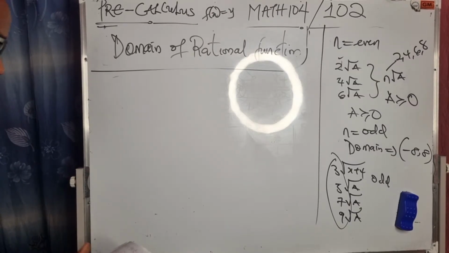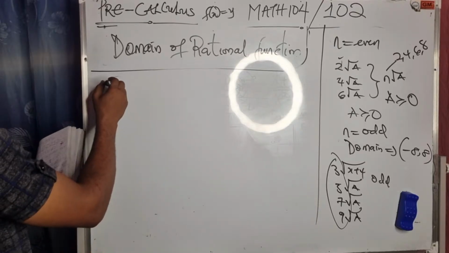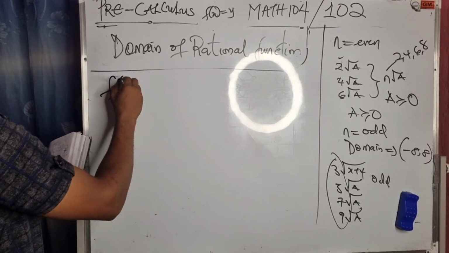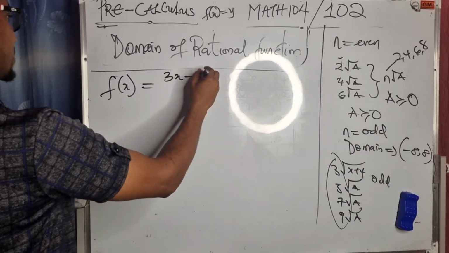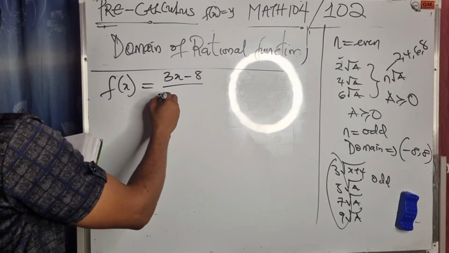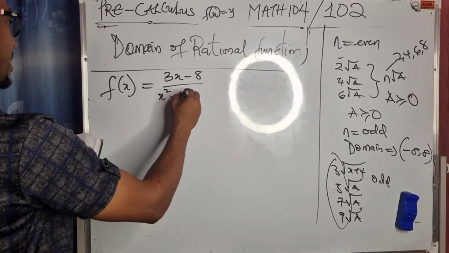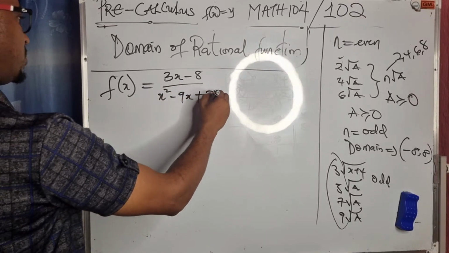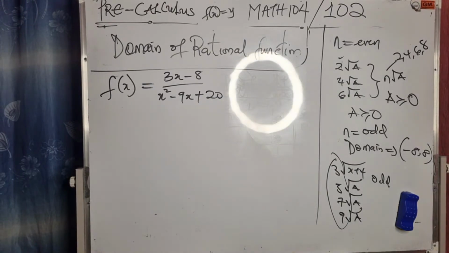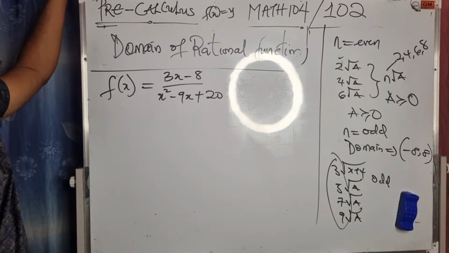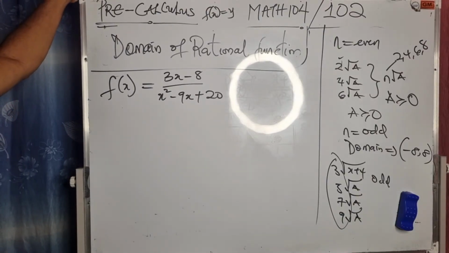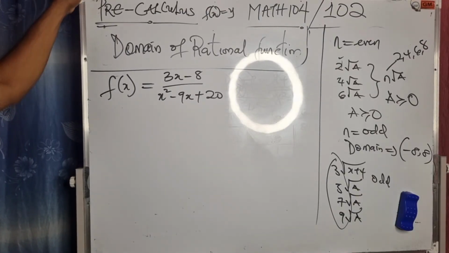This problem says find the domain of f of x equals 3x minus 8 divided by x squared minus 9x plus 20. Looking at this, before you start solving, you have to look out for the function given. What kind of function was given?